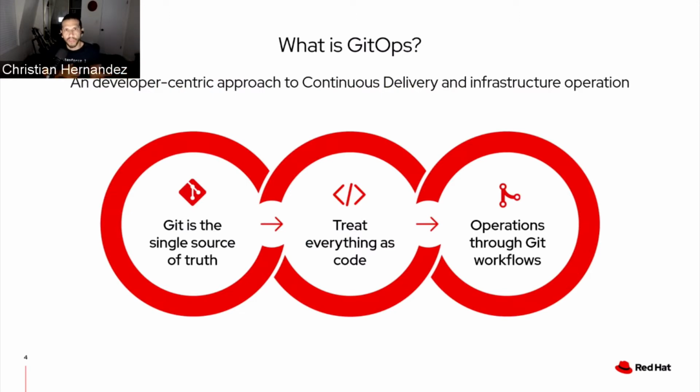That bleeds over into operations through Git workflows. You'll hear a lot about GitOps as operations through pull requests. That's what I was describing before: your operations become very developer-centric, not necessarily meaning that the developers are doing it, but using the same workflows.